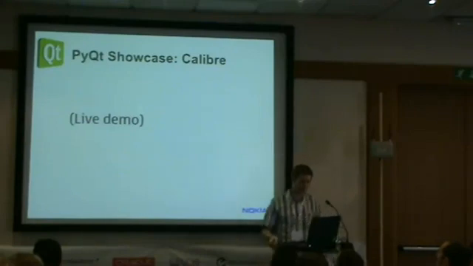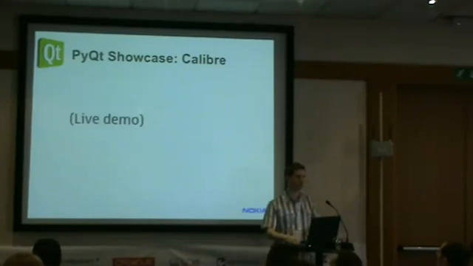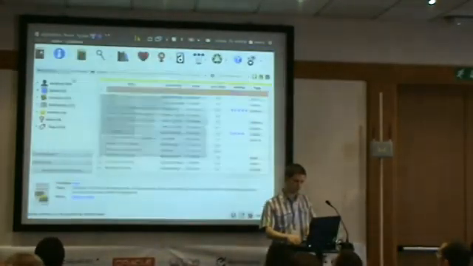As a PyQt showcase, I rather randomly selected the Calibre application, which is ebook management software and is extremely popular on the Linux and Windows desktop as well as Mac, I believe.